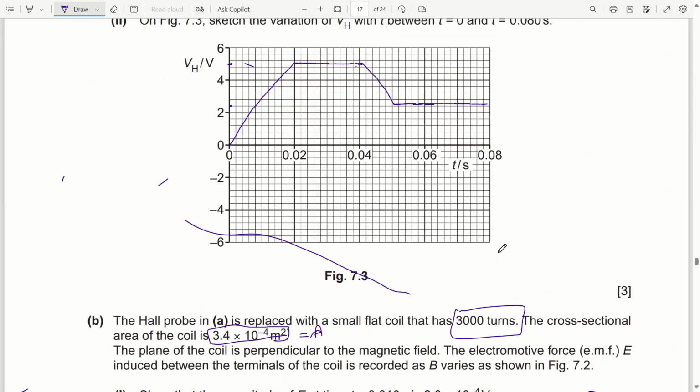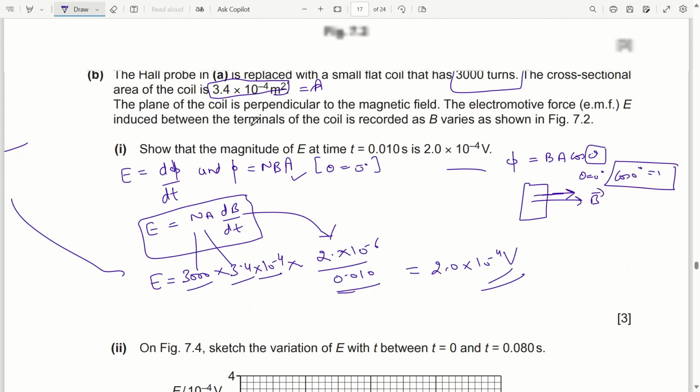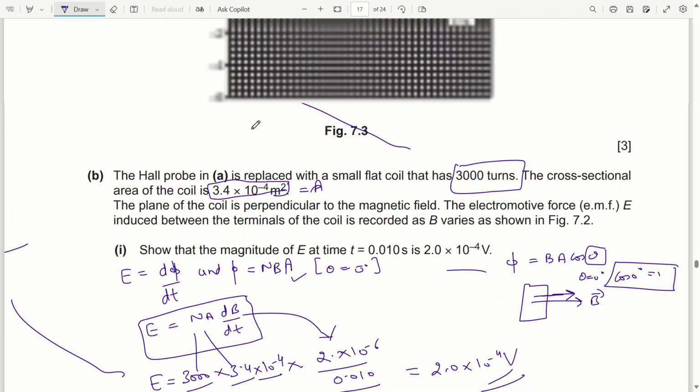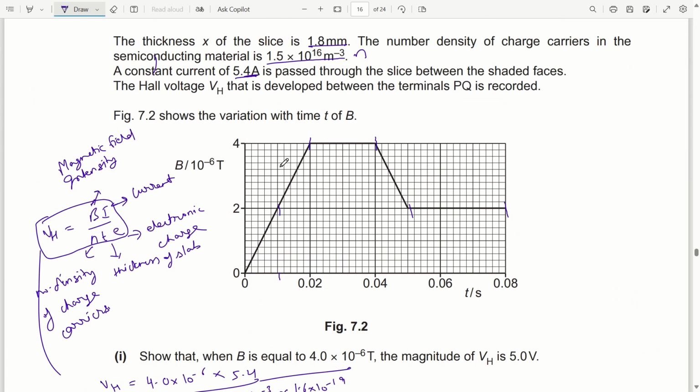Now as from this equation we can see E is varying with dB. So dB by dt is the slope of this graph. So the gradient of this graph is dB by dt, and E is varying with dB by dt.